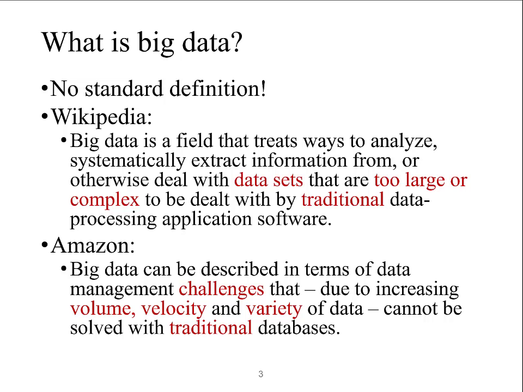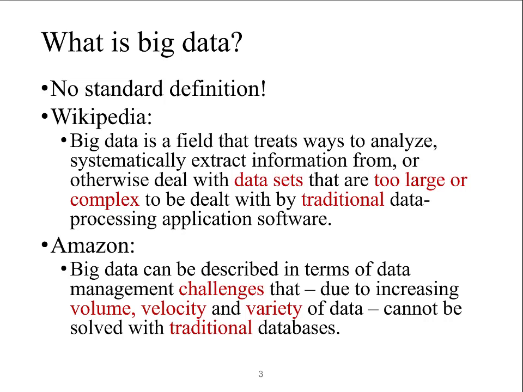As you can see, in Wikipedia, big data is defined as a field that treats ways to analyze, systematically extract information from, or otherwise deal with datasets that are too large or complex to be dealt with by traditional data processing application software.